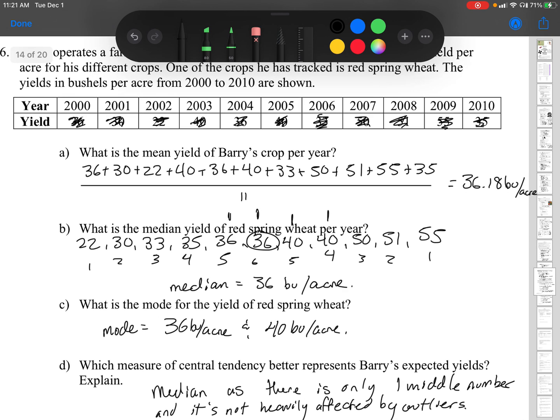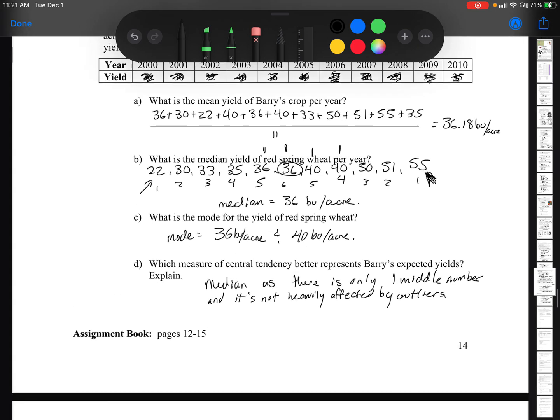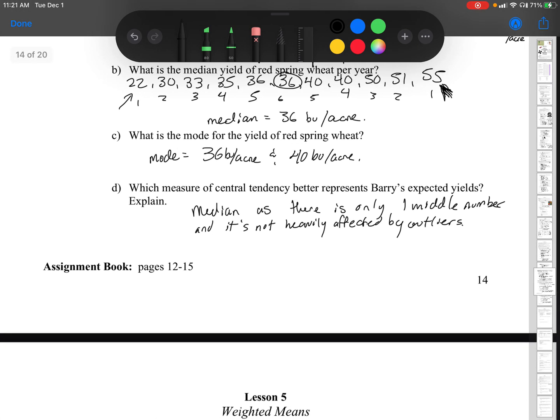You can see from this that 22 might possibly be an outlier. 55 might be argued to be an outlier as well. So those two guys there could affect the mean, which is why I'm saying median is probably your best measure of central tendency for various expected yields.